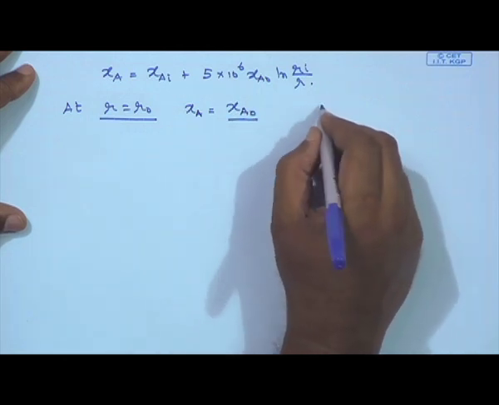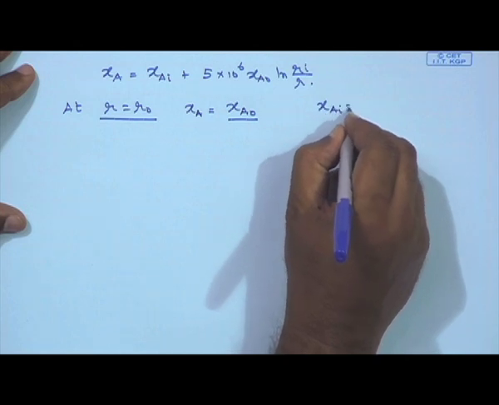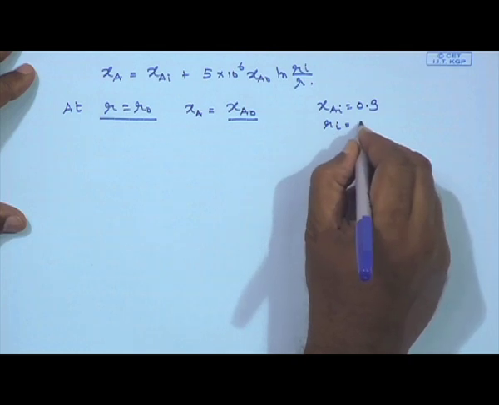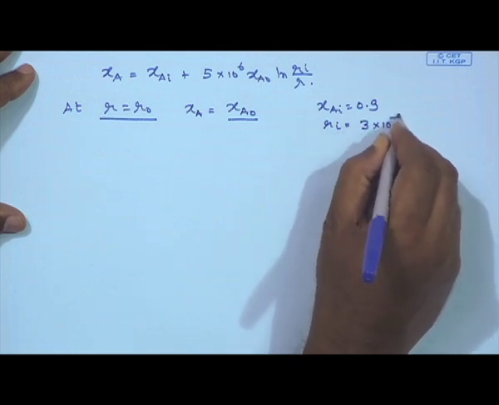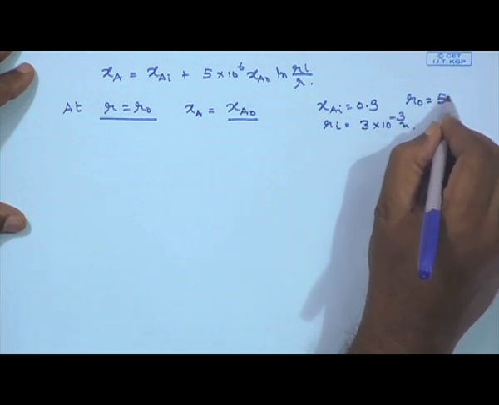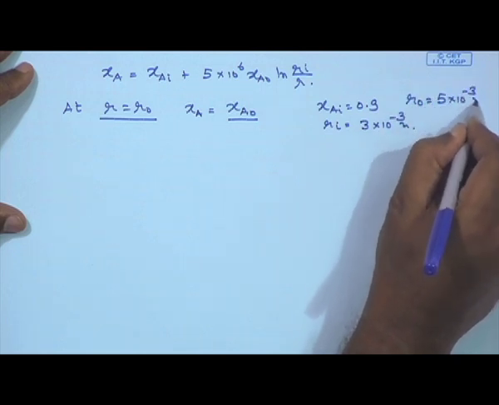And we understand that x_AI is equal to 0.9, the value of R_I is equal to 3 into 10 to the power minus 3 meters, and R naught is equal to 5 into 10 to the power minus 3 meters.